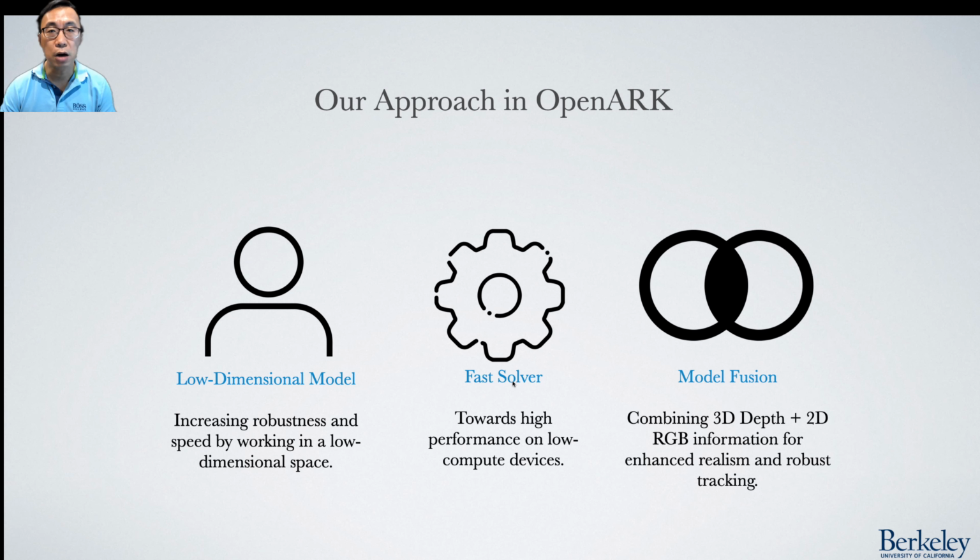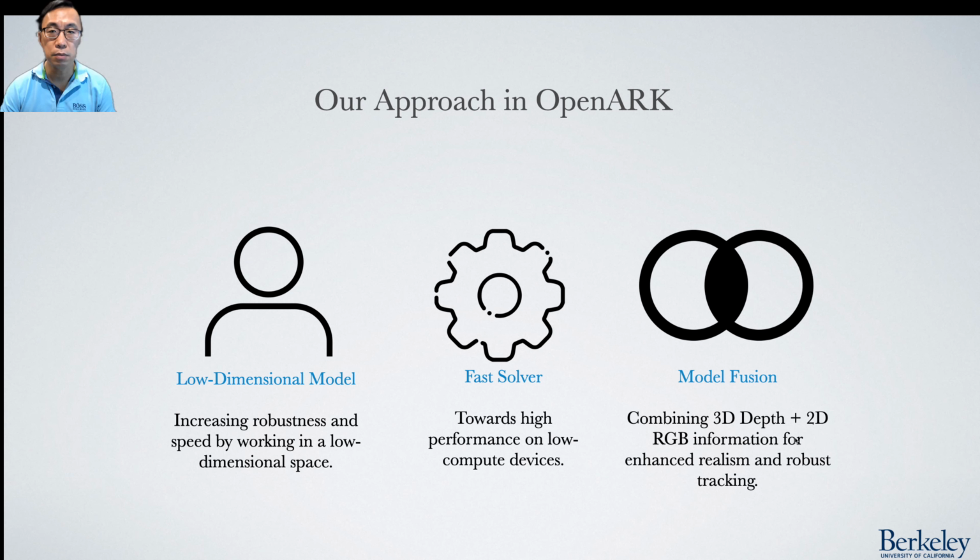Most of our AR systems have a limited compute budget, so fast solvers help with real-time performance on low-compute devices. Finally, our model fusion combines both 3D depth and 2D RGB image information for enhanced realism and robust tracking.